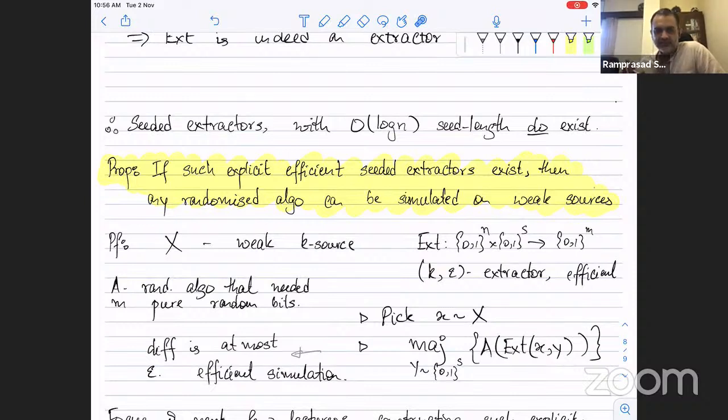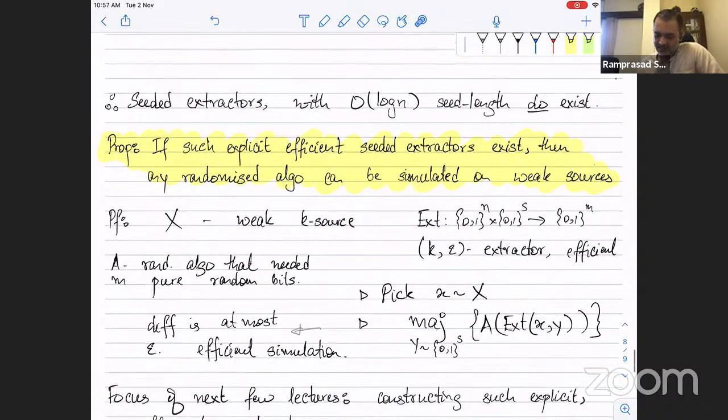Okay, so hopefully this was clear. So this at least tells us that the slightly weaker definition that we had of seeded extractors not only has the advantage that such seeded extractors do exist, so we are not trying to build castles in thin air, but second, what we now learn is that these seeded extractors are sufficient for the same application that we had in mind to begin with, which was to make sure that randomized algorithms can still perform in the presence of weak sources and stuff like that.